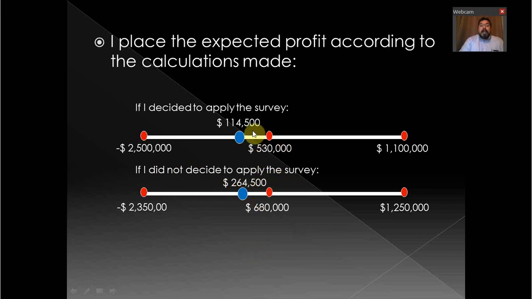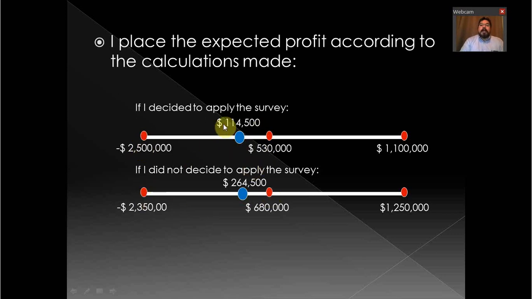And we analyze to which of the values this benefit is closer to. So what we see in a first analysis is that we are not going to have high sales in either of the cases, because the expected benefit is between the benefits of regular sales and low sales.